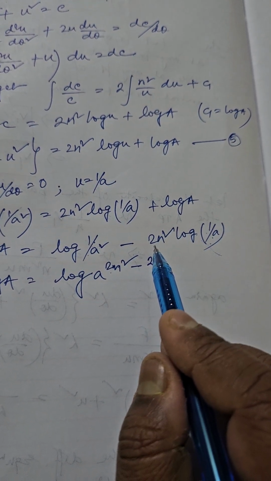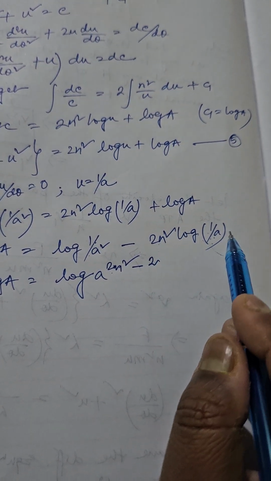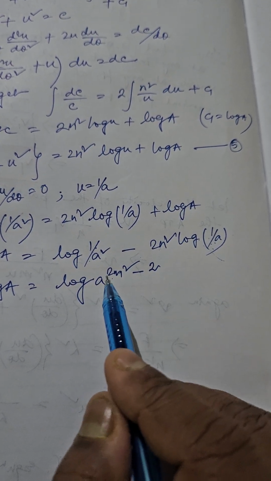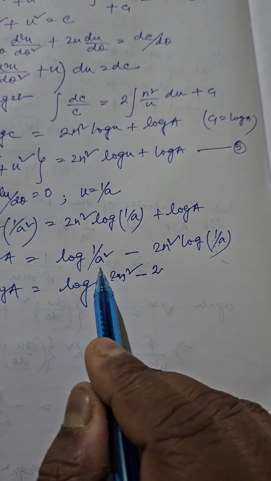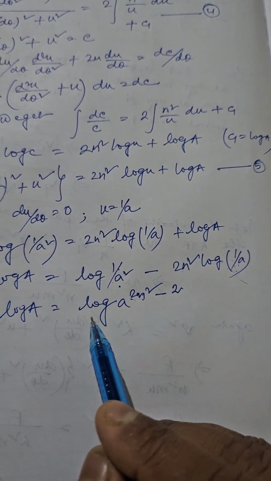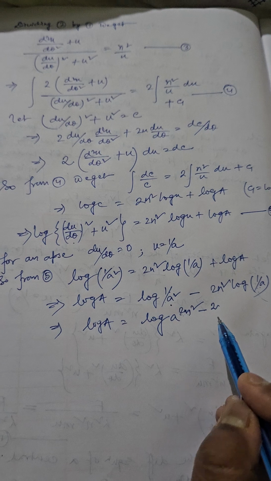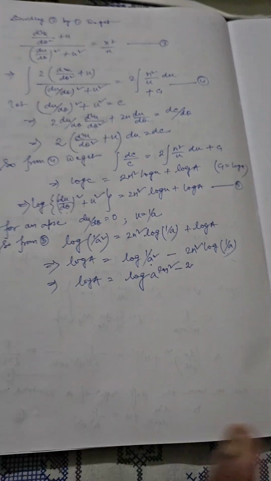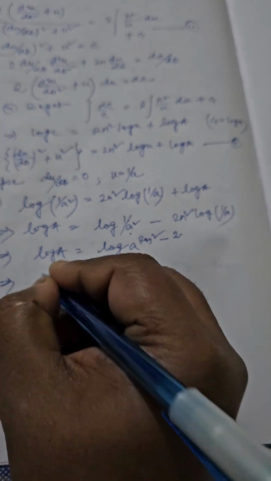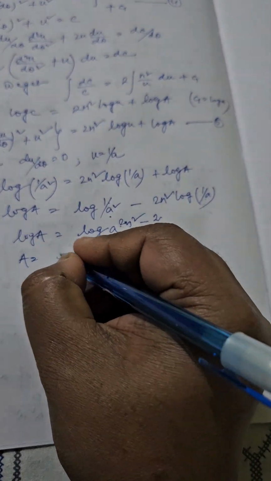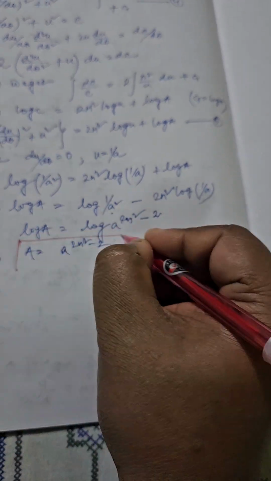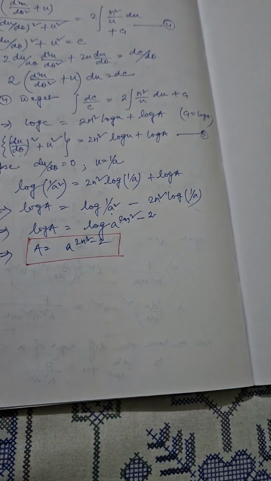Then using the property of logarithm, this will give you log of a inverse whole to the power minus 2n square, so it will give you a to the power 2n square, and this part can be written as a to the power minus 2. Adjusting you will get log of a to the power 2n square minus 2. So A should be equal to a to the power 2n square minus 2. So we have obtained this result.